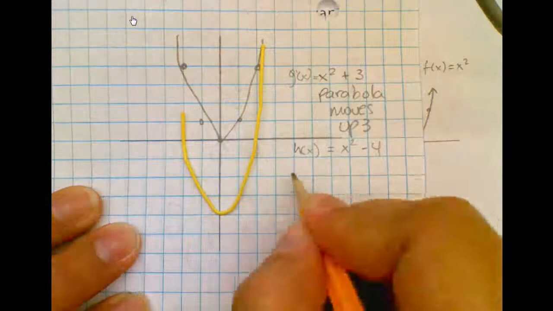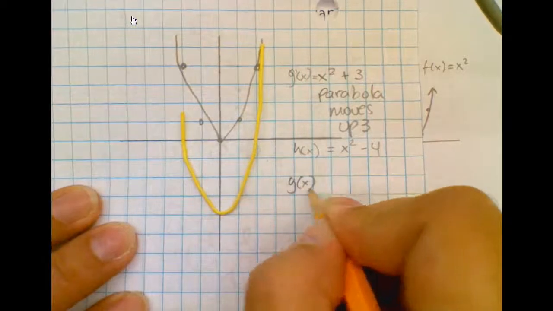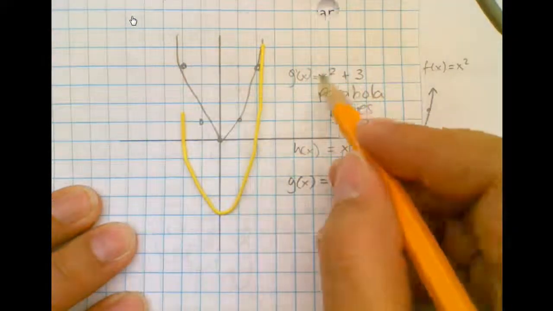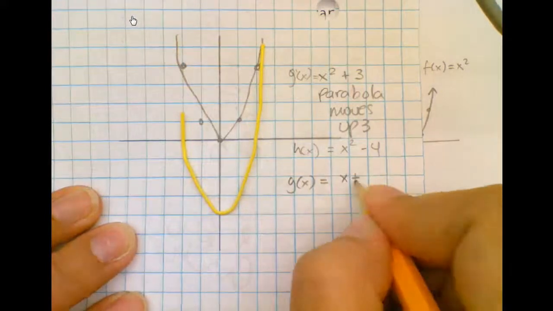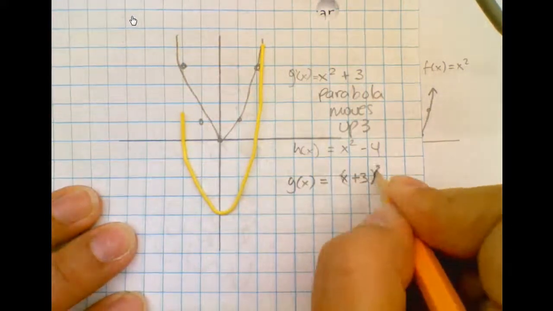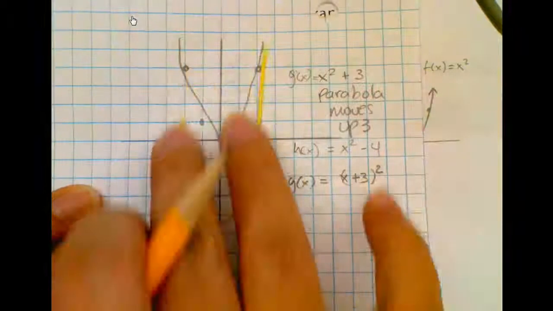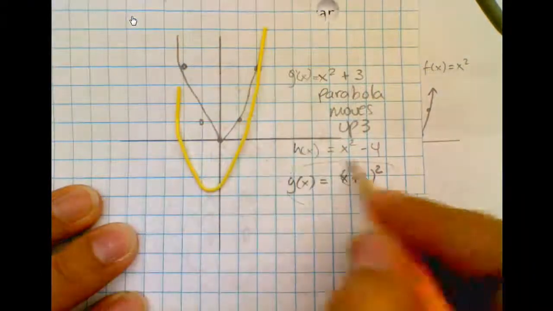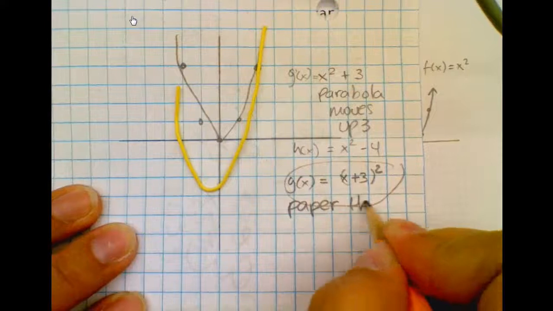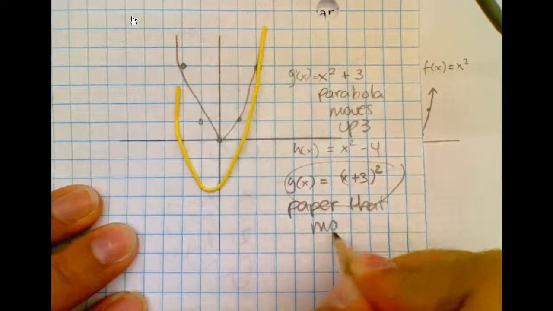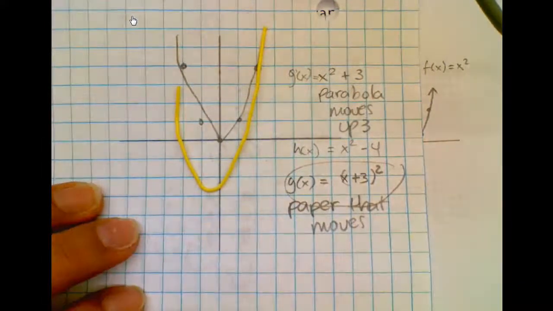But what happens when I have a function that is affecting the x before it's been squared, rather than the x squared? So now my parabola is not the one that moves. In this case, it's the paper that moves. So this is how it's going to work out.